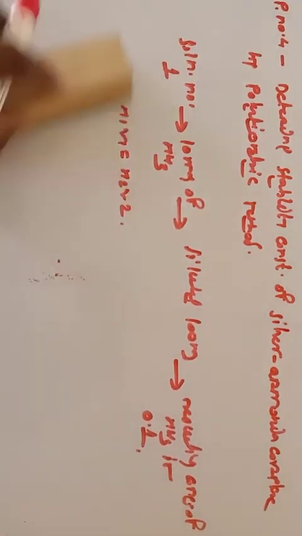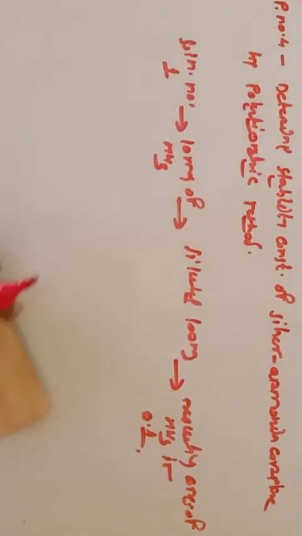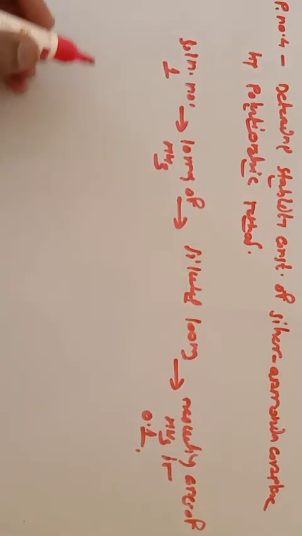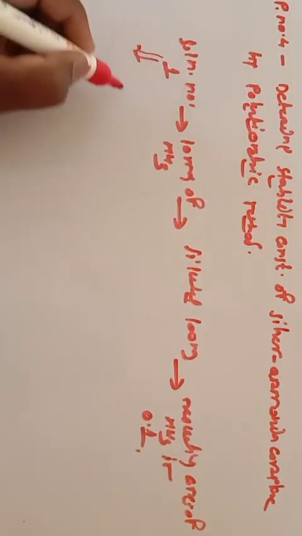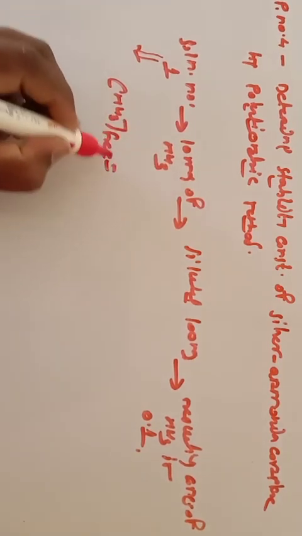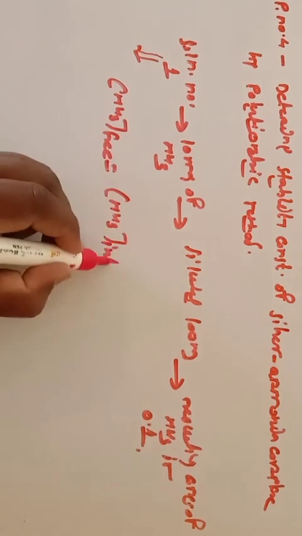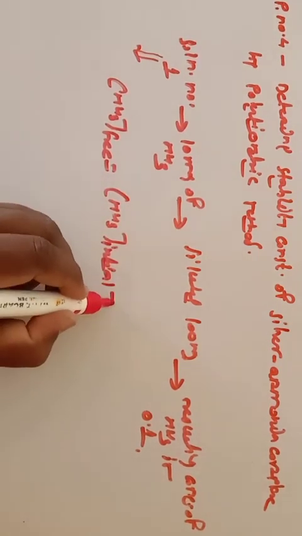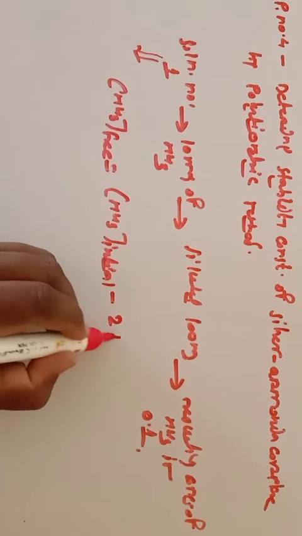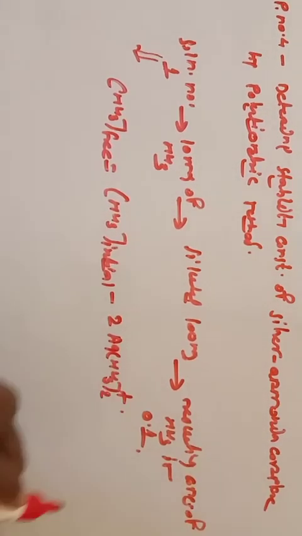So if the initial concentration is known and the concentration of the silver ammonia complex is known, then we can easily find out the free ammonia concentration. That is, for solution 1, ammonia free is equal to ammonia initial minus 2 into the concentration of silver ammonia complex.